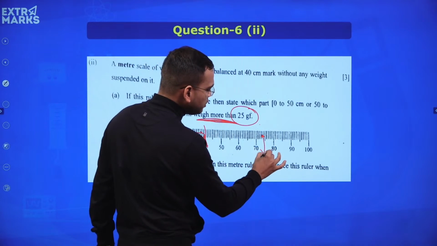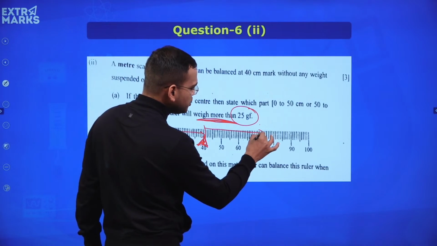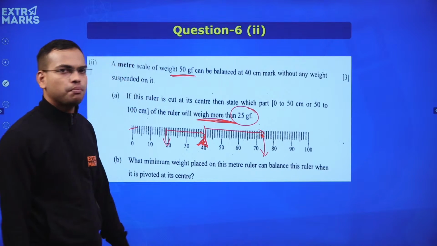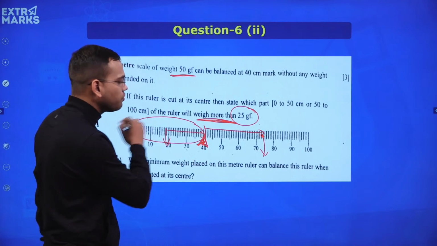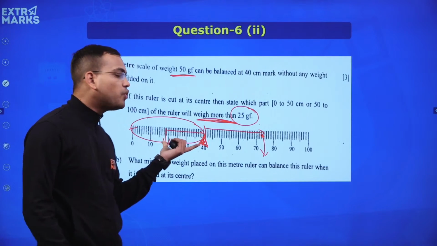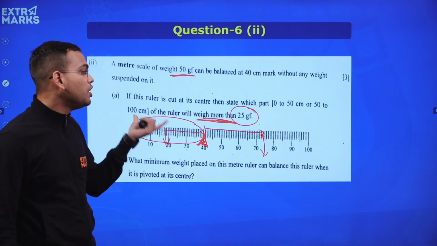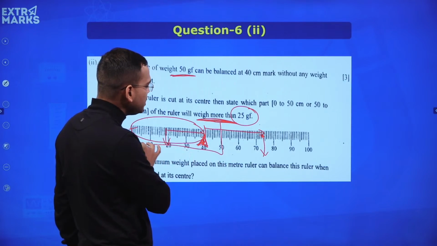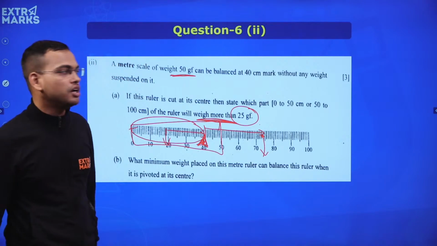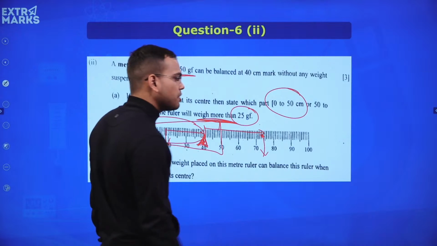Here the weight is more, and the distance of the weight from the fulcrum or point of suspension is more. So definitely this part will have more weight. If the 0 to 40 centimeter part has more or equal weight, then 0 to 50 will definitely have more weight as compared to that part. So 0 to 50 is our answer.